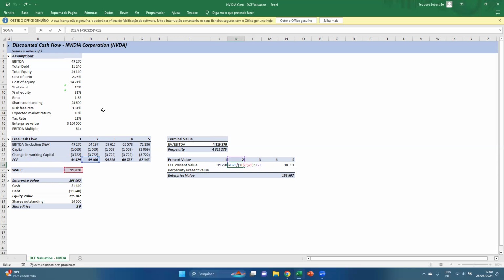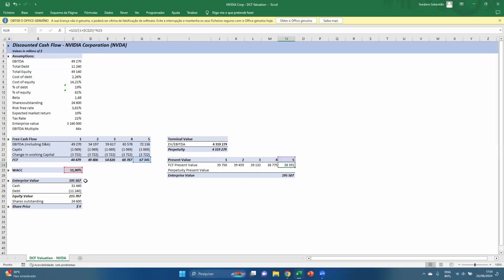The value in the second year, power the two, and still dividing it by 1 plus the cost of capital. And here is for both. You can use F to do what I'm doing.